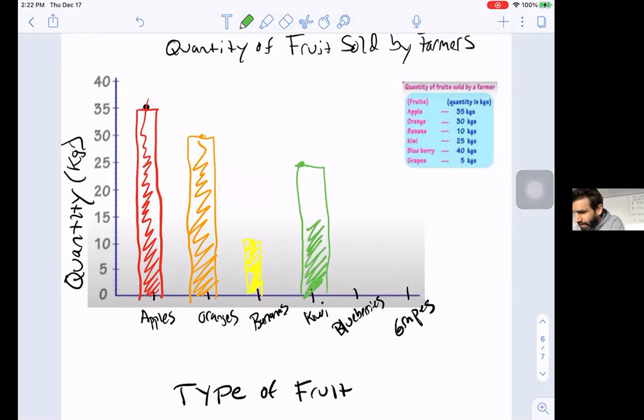But we'll make our kiwis there at about 25. And now blueberries. All right, blueberries. Yeah, 40 kilograms of blueberries. So all the way up to 40, over to the blueberries there. Let's make a little dot right there.